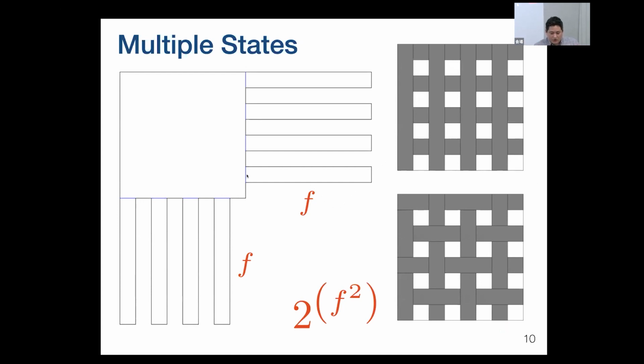And when we fold them across, we actually have an independent choice at each of the intersections here, which of the horizontal or the vertical flaps will be on top. And so the number of possible folded states here is 2 to the F squared.